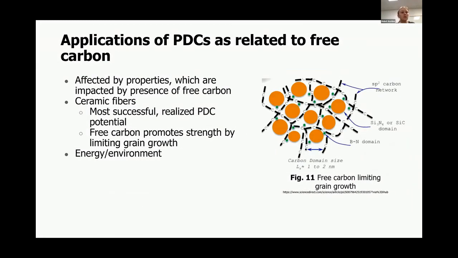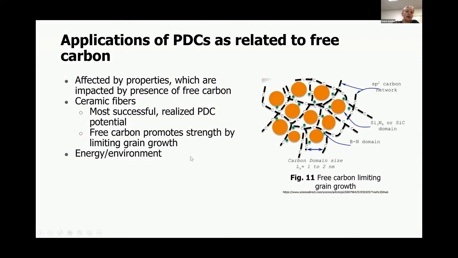And then the overall big applications of PDCs are, of course, going to be impacted by their properties, and a lot of these properties are, again, going to be impacted by the presence of free carbon. So for example, ceramic fibers are one of the most successful examples of PDC applications, and free carbon is going to help with some of these properties because it can limit the grain growth of silicon, which is going to increase the strength of the fibers.